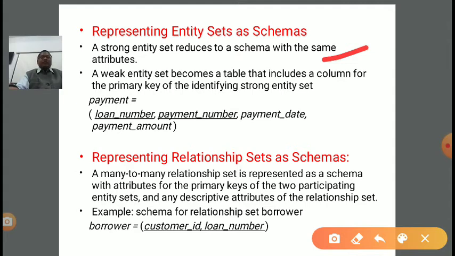The primary keys of both the relations involved in this relationship will be taken as the attributes of this relationship. So while making the relational schema corresponding to a relationship, we need to pick all the primary key attributes from both the entities and make them the attributes of the relationship schema.